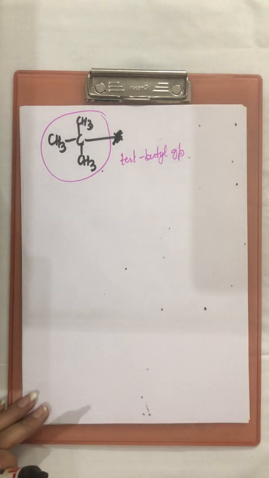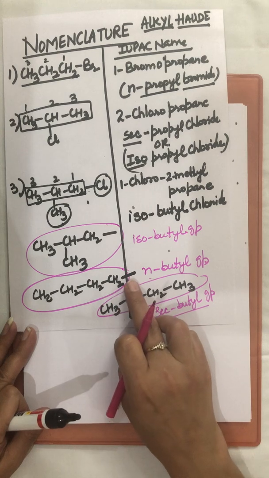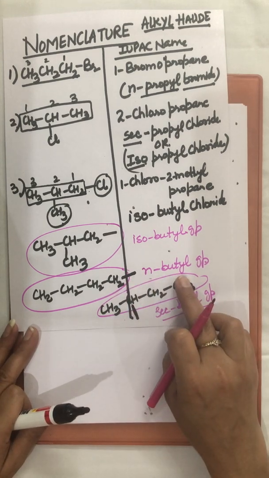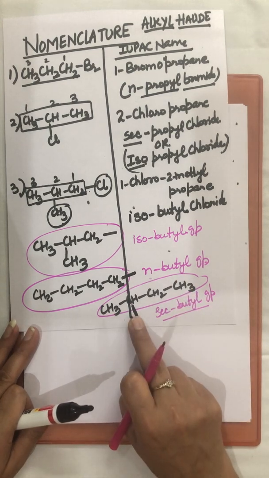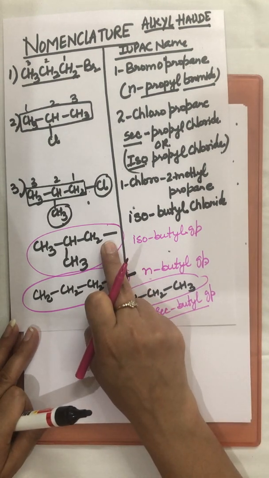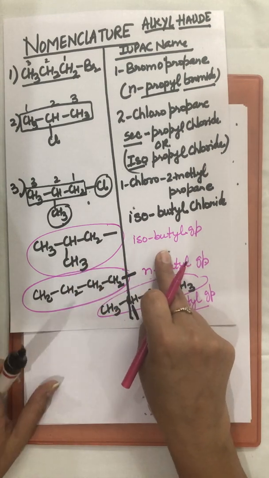So when there are 4 carbon atoms, how can these carbon atoms arrange? If all carbon atoms are arranged in a straight chain and the substituent is linking with the straight carbon, it's normal butyl group. If the group is linking with a secondary carbon atom, it's secondary butyl. If the group links with a primary carbon, but one carbon is in branching, it's isobutyl group.